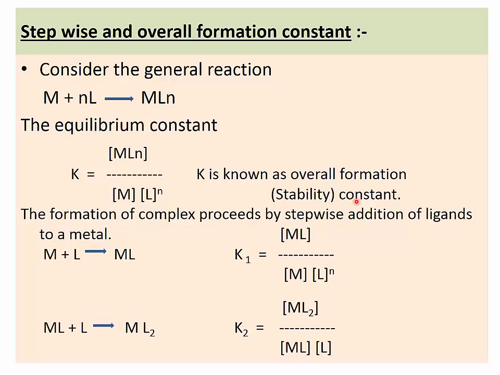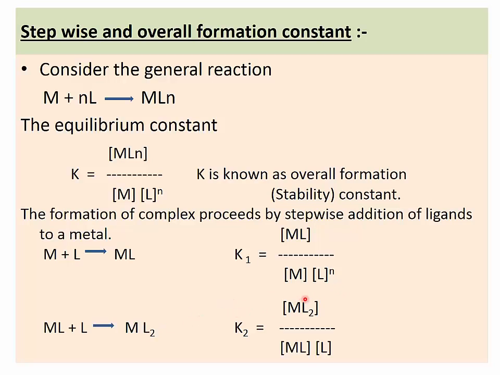Now see second point. The formation of complex proceeds by stepwise addition of ligands to metal. See this first step. To the metal ion, first ligand is added. There is formation of ML complex. So for first step, K1 is equal to concentration of ML divided by concentration of metal into concentration of ligand.